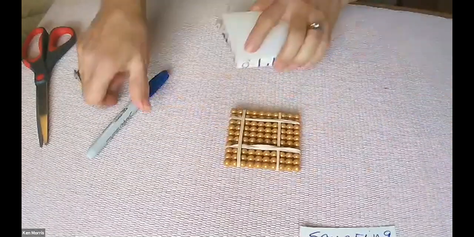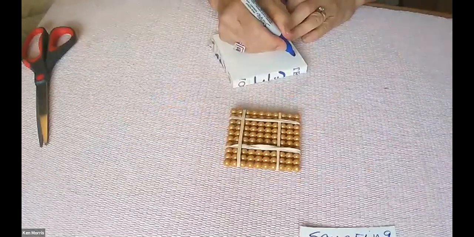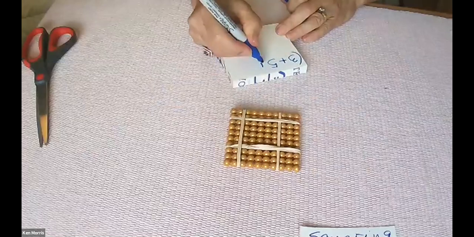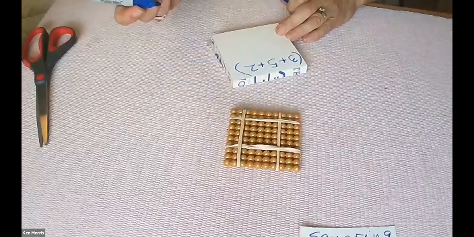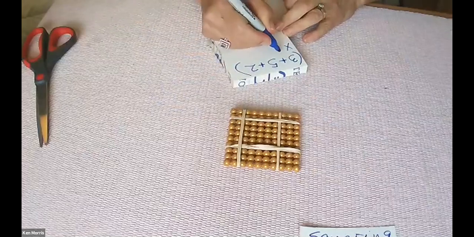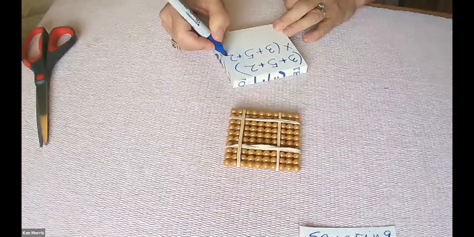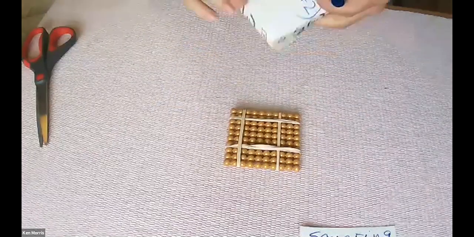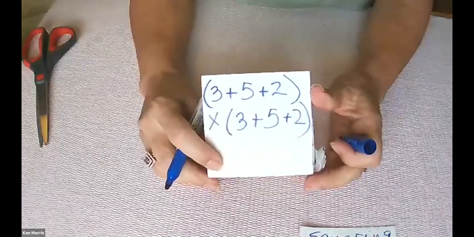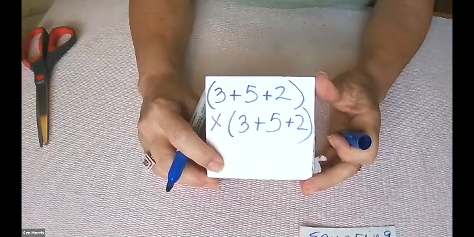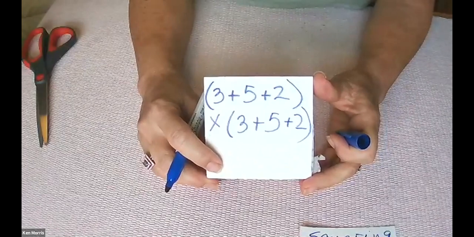Okay, so let me write that out. I have 3 plus 5 plus 2 times 3 plus 5 plus 2. Which of course I can rewrite as 3 plus 5 plus 2 squared.